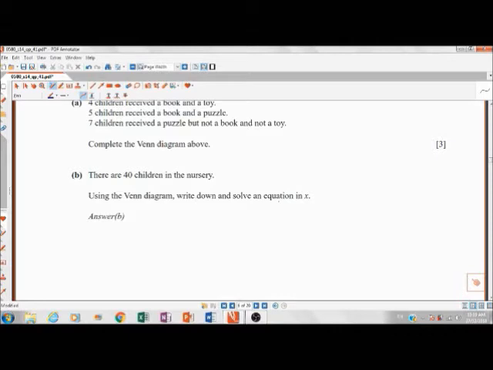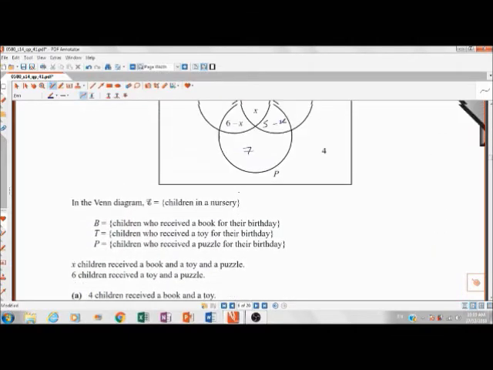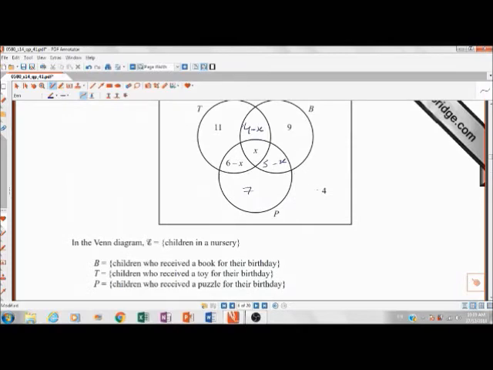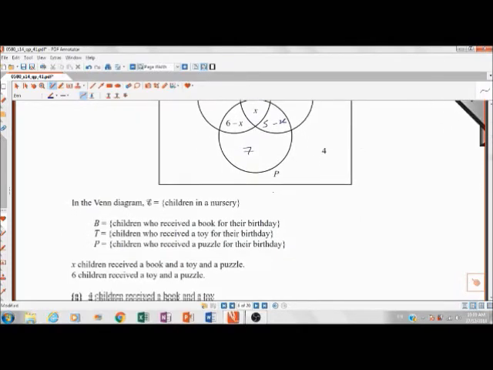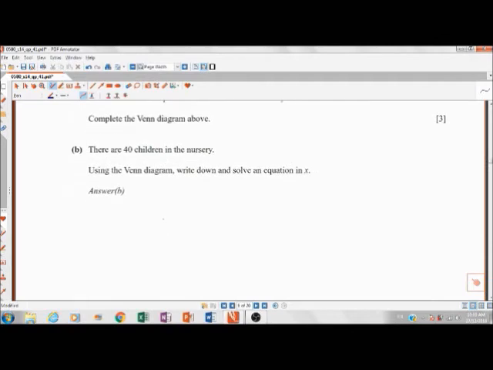There are 40 children in the nursery. Using the Venn diagram, write down and solve the equation in x. Okay, so you add this whole thing and equal it to 40. So what you do is 11 plus 4 minus x plus 9 plus 6.6 minus x plus x plus 5 minus x plus 7, and don't forget the 4 outside, equals 40.